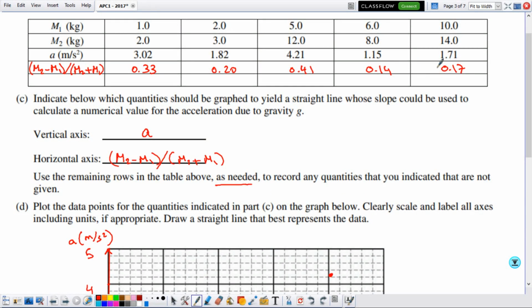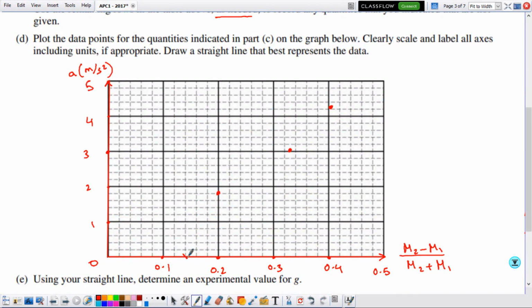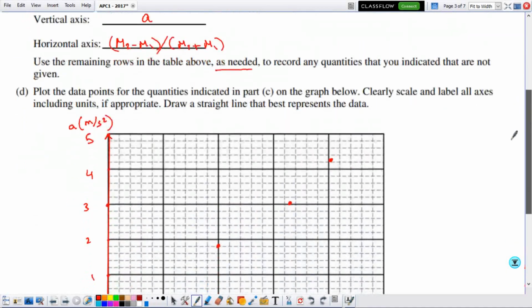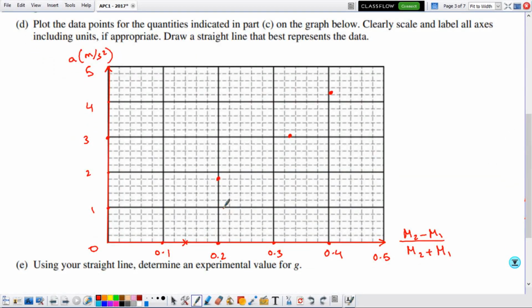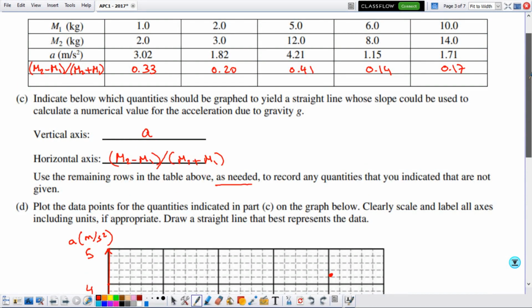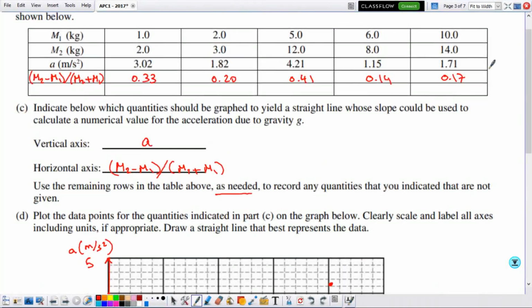Now for this point 0.14, which is here, with an acceleration of 1.15, so it would be here. Okay, so 0.14, sorry, 0.14, the acceleration is given by 1.15.